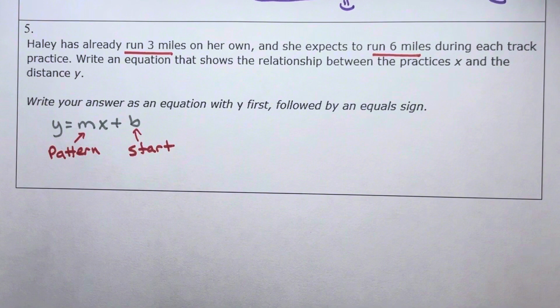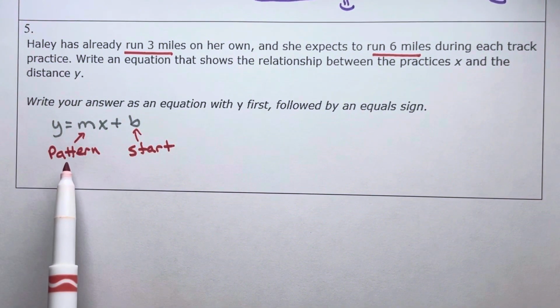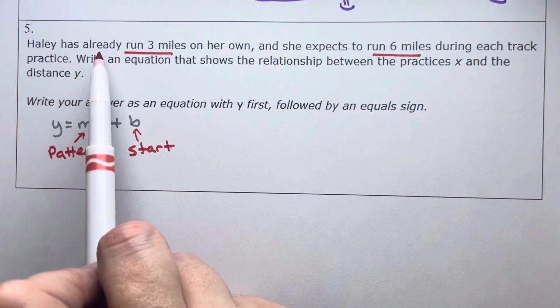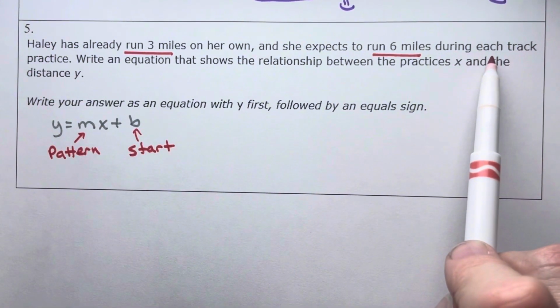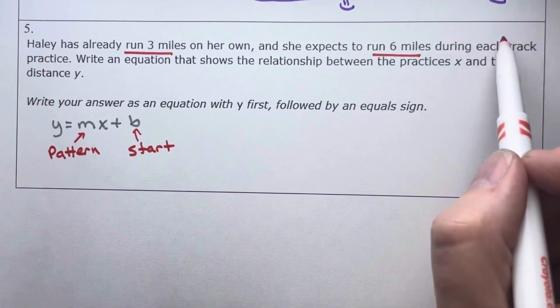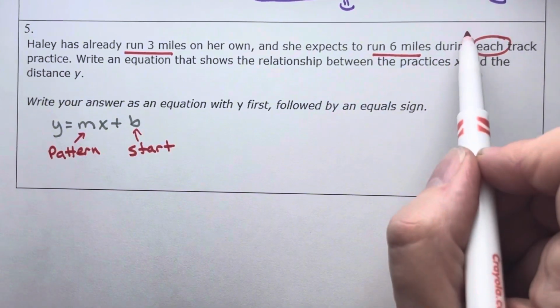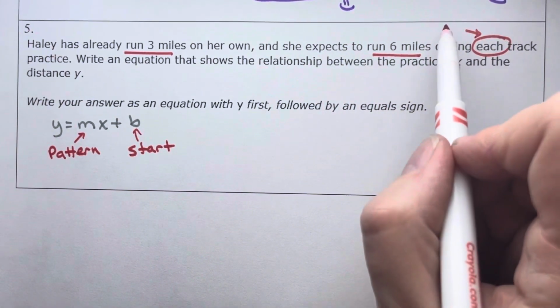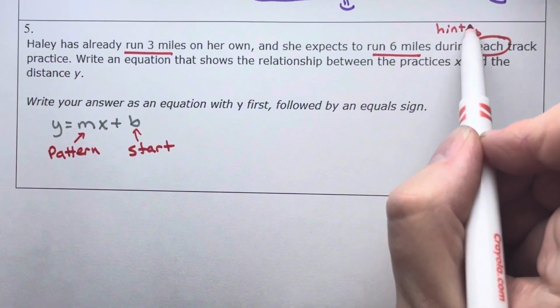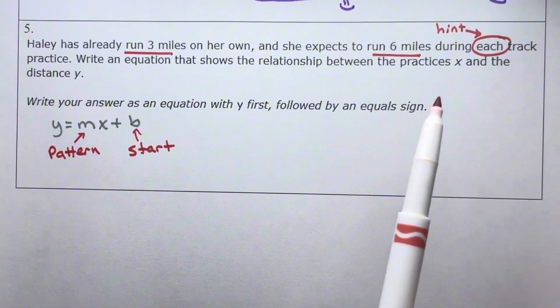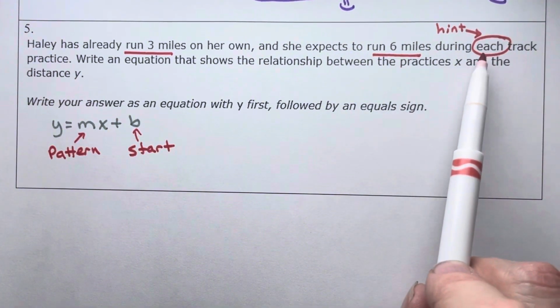Remembering that a hint word will tell us about the pattern. Do you know where the hint word is? Is it already or is it each? It's each. Our hint word to tell us that something is happening again and again is each. So each day. So on Monday, 6 miles. On Tuesday, 6 miles.